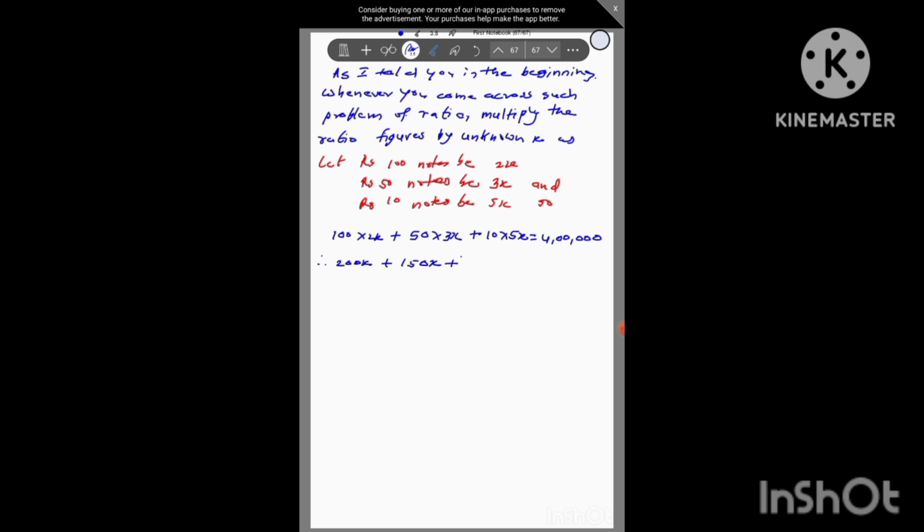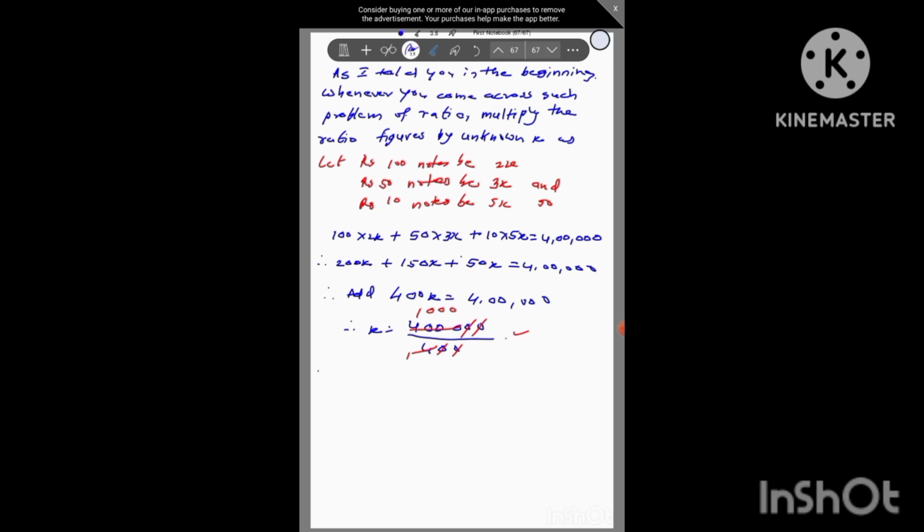So solve this. 200x plus 150x plus 50x equal to 400,000. So that will be 400x equal to 4 lakh. Okay, so x equal to 400,000 upon 400, and we cancel these zeros and we get x equal to 1000.